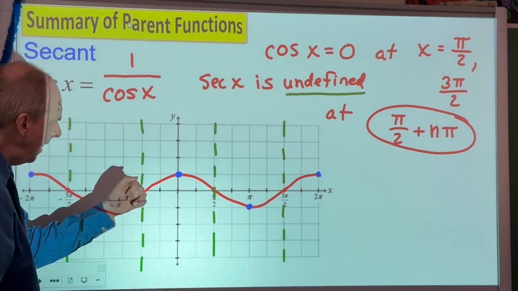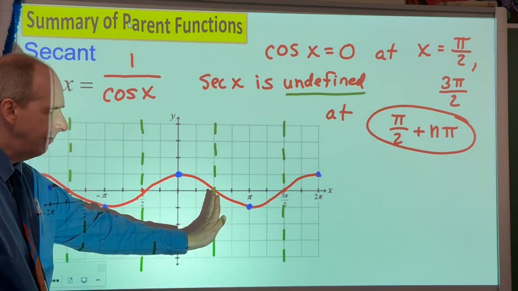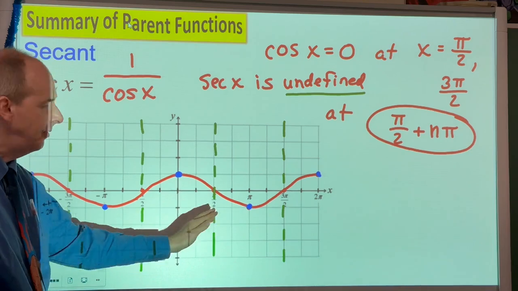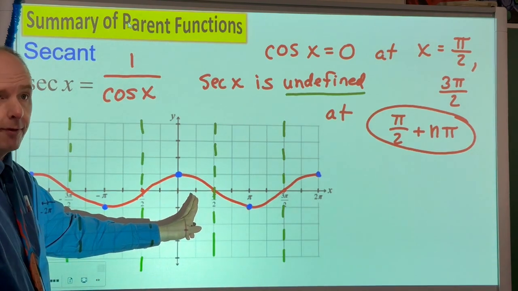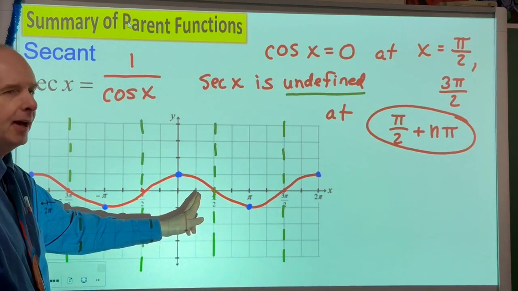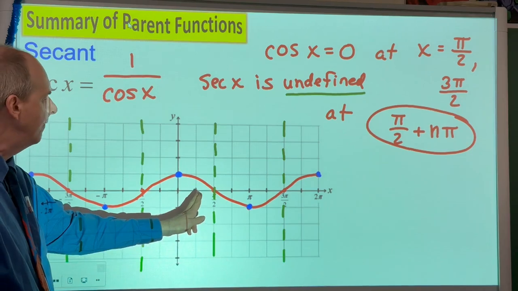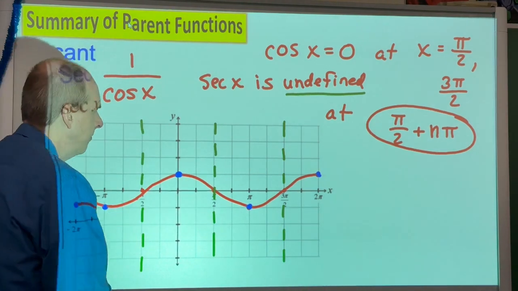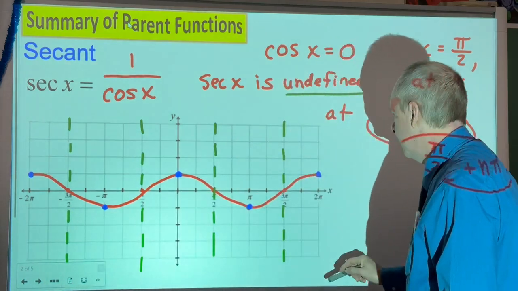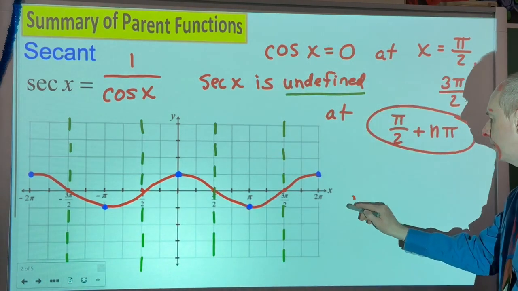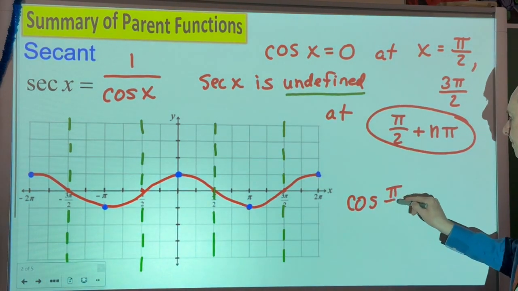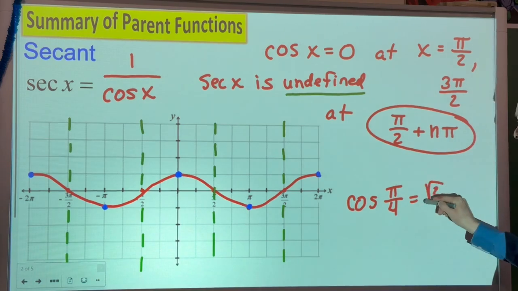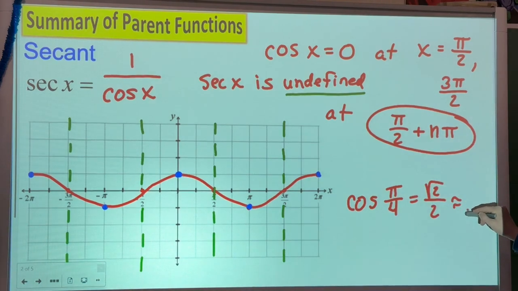So let's think about what's between 0 and 90. 0 and pi over 2 would be pi over 4, or 45 degrees. What's the value of cosine at 45 degrees? Radical 2 over 2, which is about 0.707 if we're graphing.